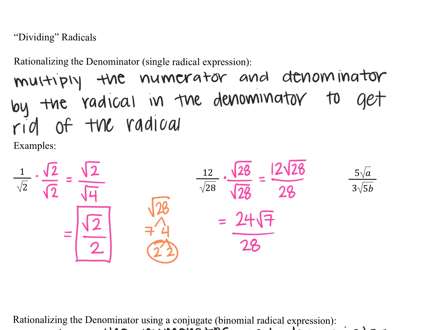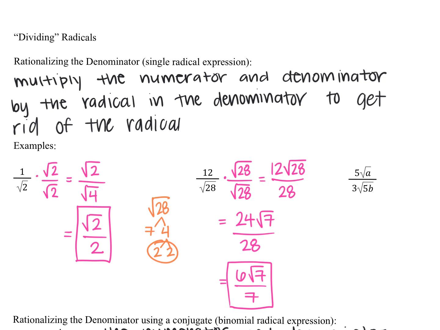Now I want to see if what's in my denominator can simplify with the number that is outside my radical. And 24 and 28 are both divisible by 4. So we're going to get 6 square root 7 all over 7 as our final answer. Now you cannot simplify what's underneath the radical with anything that is outside the radical. So you can't simplify that square root 7 with that 7 that's in the denominator. We can't do that.